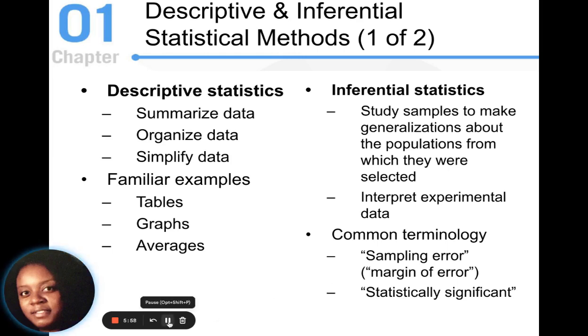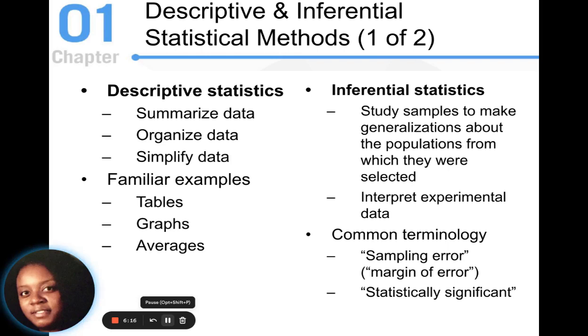Some other terms we need to know are the difference between descriptive and inferential statistics. A descriptive statistic is going to be a statistic that describes or summarizes and organizes and simplifies data.